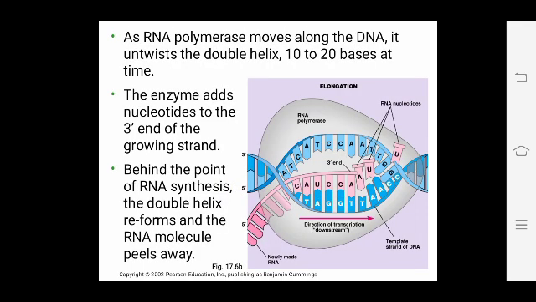As RNA polymerase moves along the DNA, it untwists the double helix 10 to 20 bases at a time. Take a look at the figure again. The enzyme adds nucleotides to the 3' end of the growing strand, and behind the point of RNA synthesis, the double helix reforms and the RNA molecule peels away.